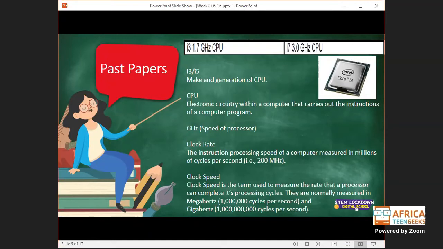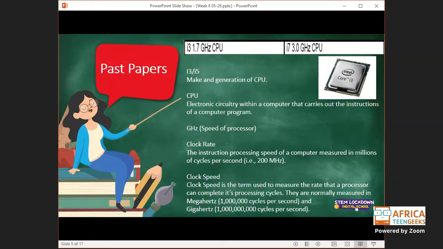And your clock speed is a term used to measure the rate at which the processor can complete a processing cycle. So that's normally measured in megahertz or gigahertz, as I've said. So the clock speed is a little bit more important for us, and that's why we're trying to get a gigahertz instead of a megahertz, or 3.0 would be better than 1.7.